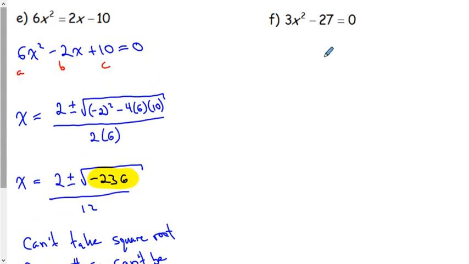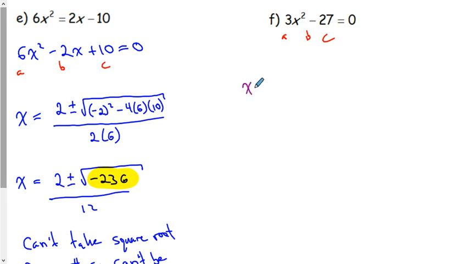Okay, last one here, before we jump into just a quick word problem. This is our last kind of quadratic formula practice one. So 3x squared minus 27. Okay, I look at this and I go, okay, A is 3, B is 0 because there's no x term, and C is negative 27.